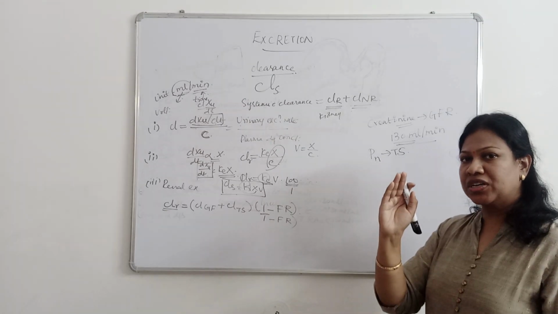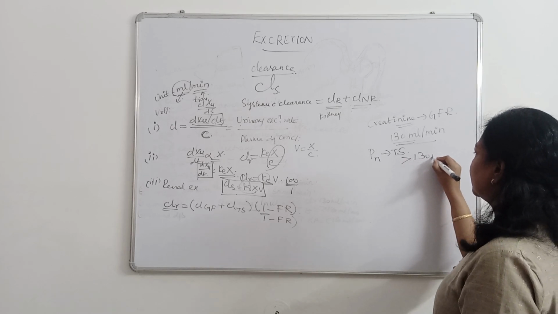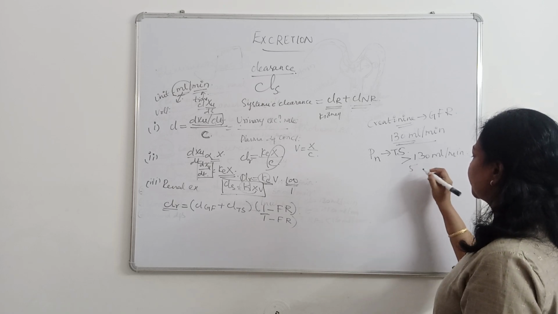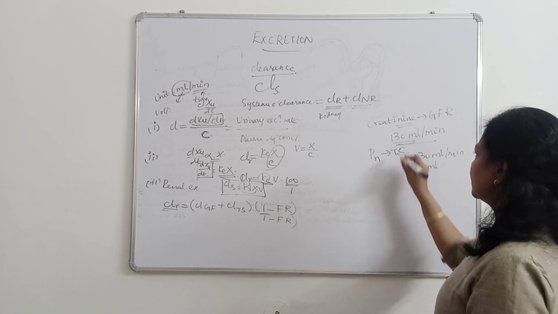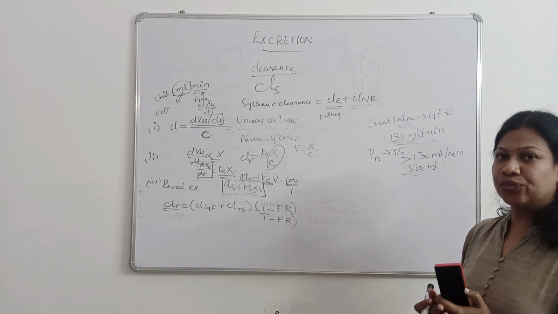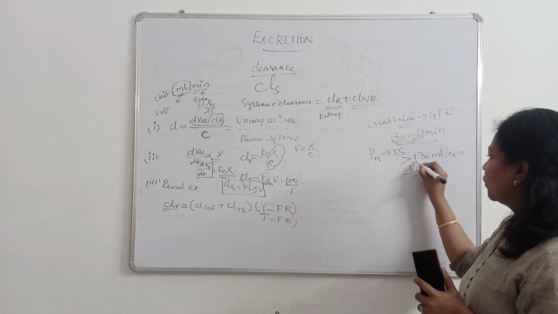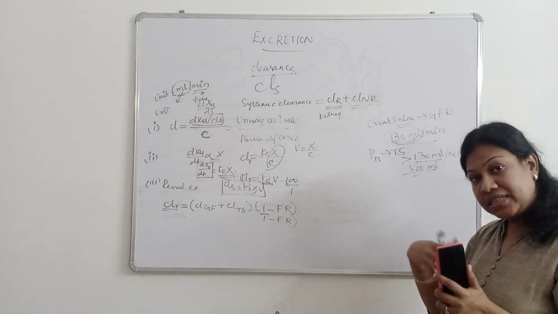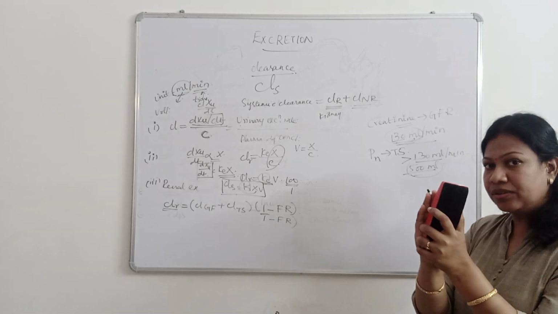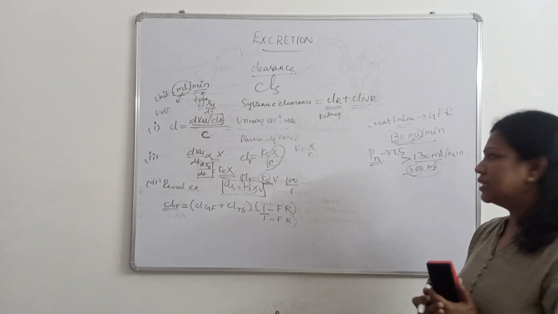Once the drug is tubular secreted, its clearance will be greater than 130 ml per minute, about 500 ml around. Why? Because it is not only filtered, it is also secreted. The filtered volume of about 130 ml is added to, and additionally some amount has been secreted.